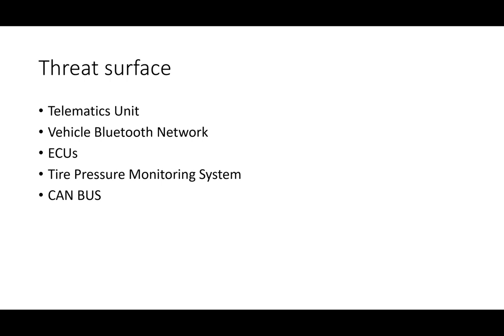Tire pressure monitor system in your vehicle, on the tires. This monitor system will check if there's low tire pressure, and your dashboard lights up when one of your tires is obviously low pressure. But what we found out is if you compromise one of these tire pressure monitor sensors and have them send a bunch of random messages to the car through the CAN bus, we can launch a denial of service attack.